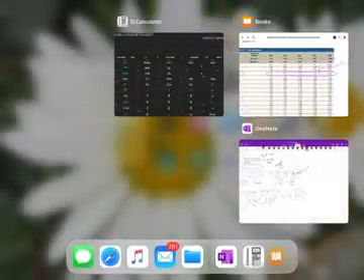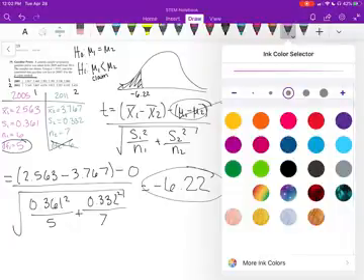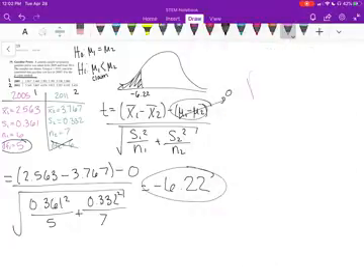So p is less than 0.005, and our alpha is 0.01. We have p and alpha.